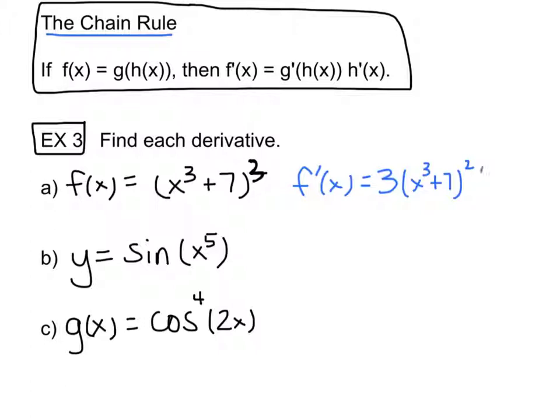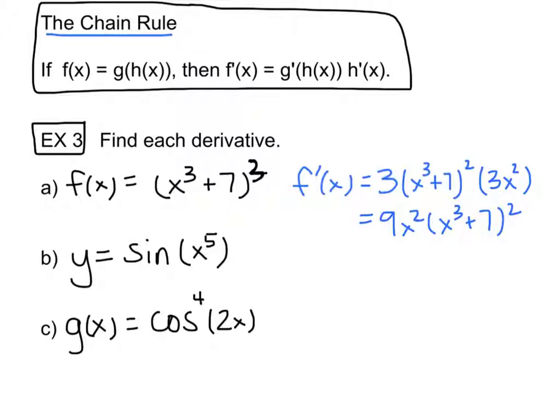So then I have times 3x squared. And I can simplify that. So my f prime of x becomes 9x squared times x cubed plus 7 quantity squared. And you could multiply it out if you want, but we don't need to do that. So that would be my final answer.